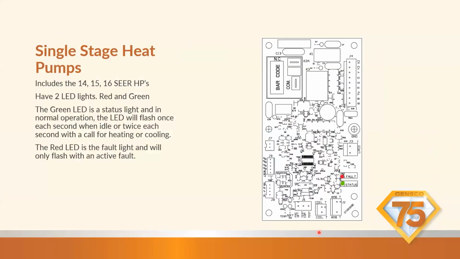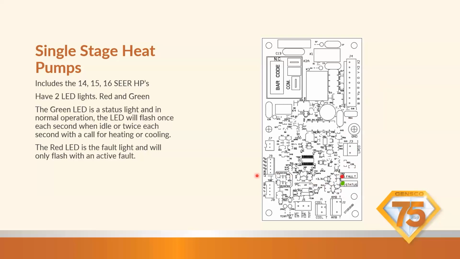We'll start here with the basic defrost board that is in most, if not all, of our current single stage heat pumps. That includes our 14 SEER, our 15 SEER, our 16 SEERs. They're going to have two LED lights on them, a red one and a green one, like I said, down here. The green LED light is just a status light.